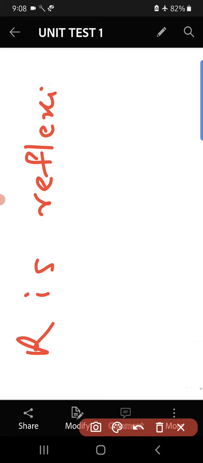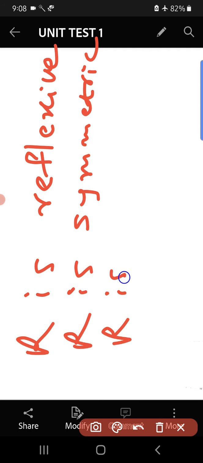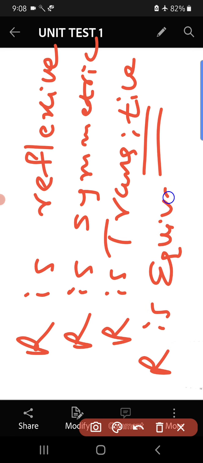It is reflexive, it is symmetric, it is transitive. That means it is an equivalence relation. So we can end the solution like this for the 14th problem. Okay, so let us go for the 15th.